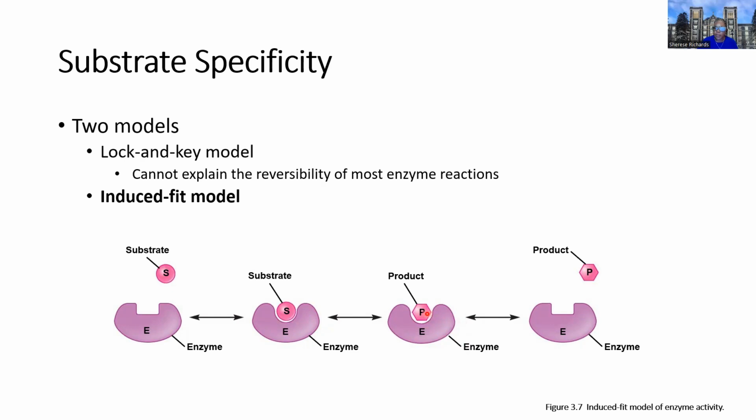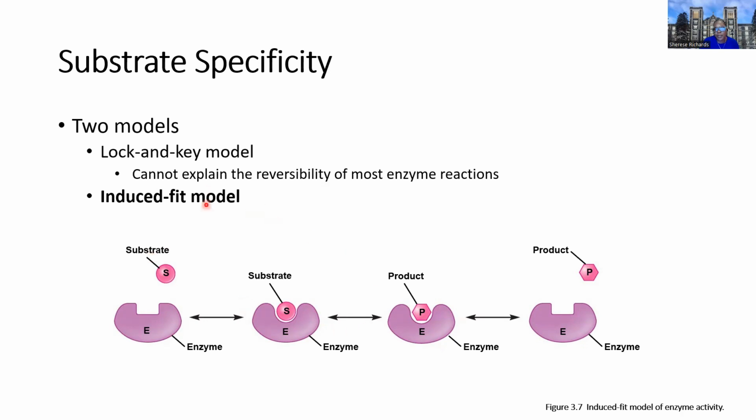Likewise, if you wanted this to proceed in the reverse direction, the product would get in close proximity of the enzyme once again, and it would likewise induce a fit such that the substrate can be produced on the other end. So this theory is better than the first one in that it explains the reversibility. If something gets close enough, it configures the enzyme to be a perfect fit, and then it can proceed in both directions.